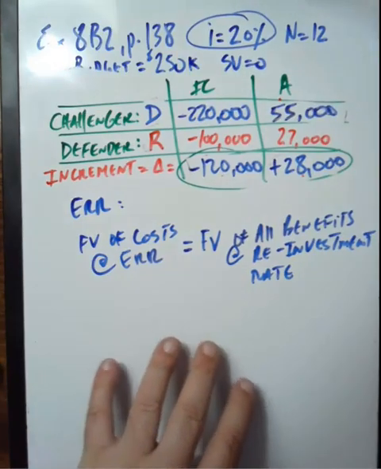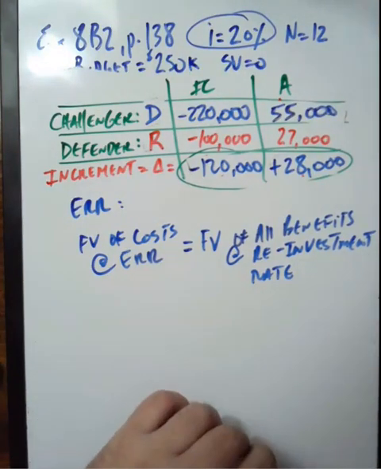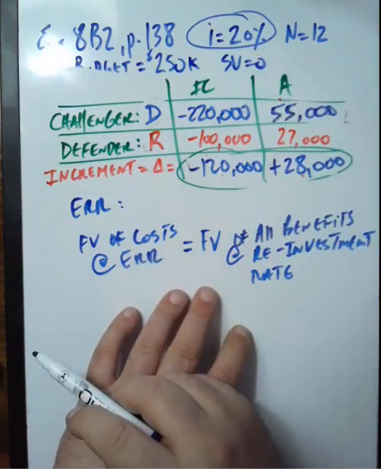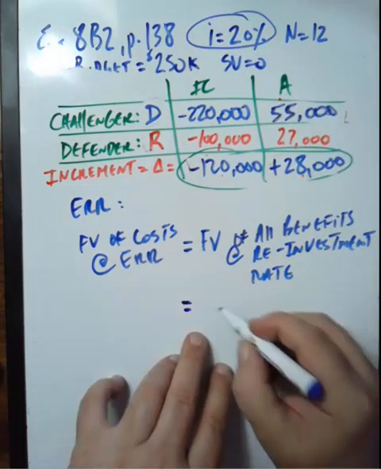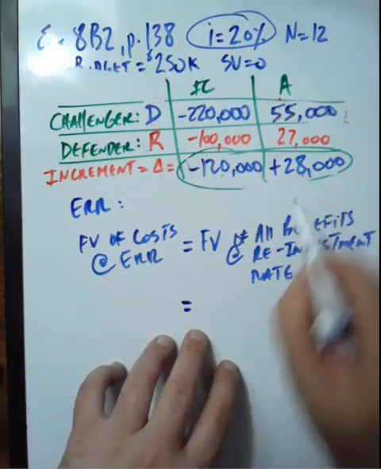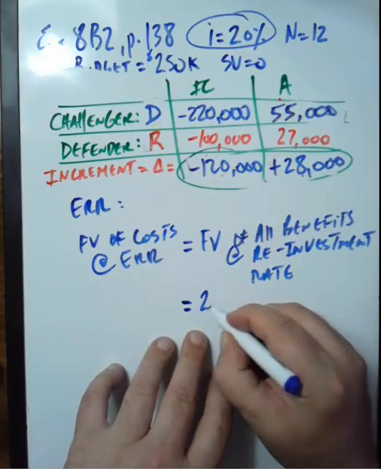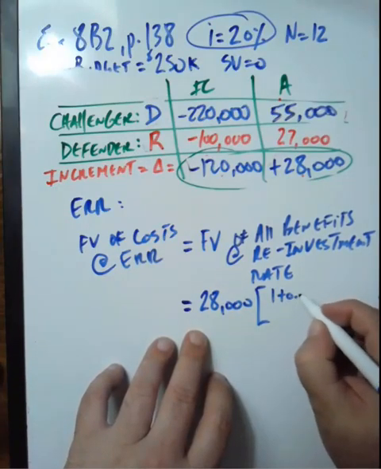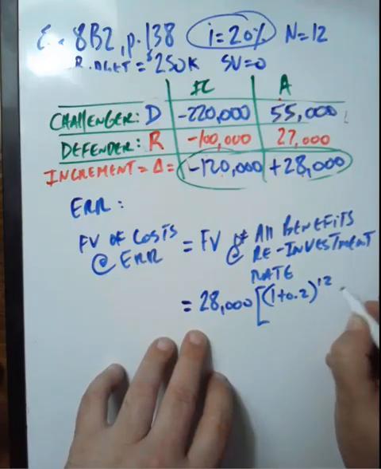Here we don't have a reinvestment rate explicitly given to us, so we're going to use the minimum acceptable rate of return. So the future value of the benefits is the future value of the annuity. That is the 28,000 times (1 plus the interest rate to the power of n, minus 1) divided by the interest rate.